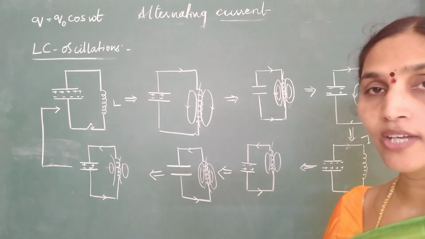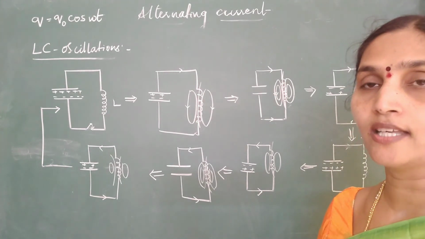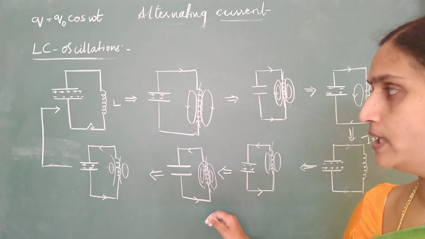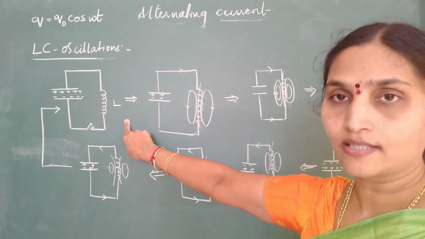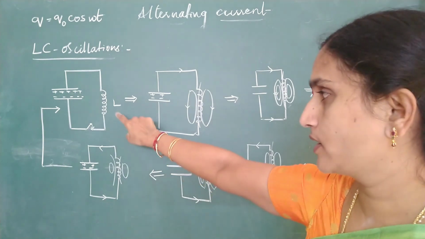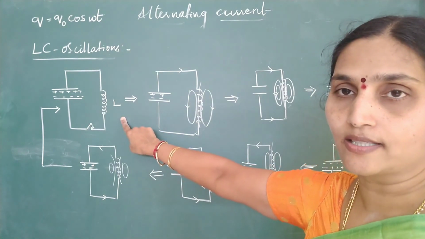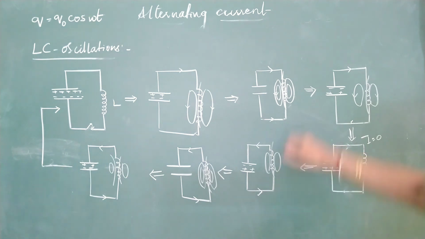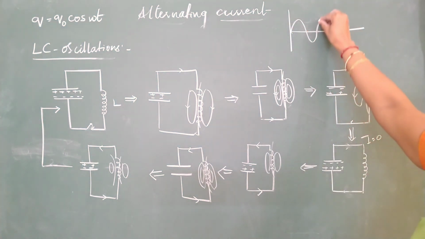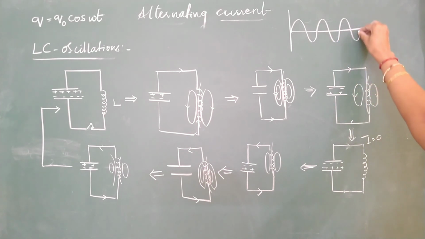But remember, here we have assumed that inductor is ideal when we started taking this LC oscillations. But truly speaking, no inductor is ideal. Always inductor offers some resistance. It already has some small amount of resistance. And because of this resistance, we cannot expect sustained oscillations by a combination of LC.